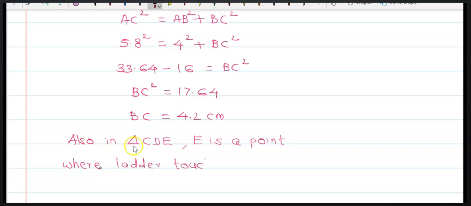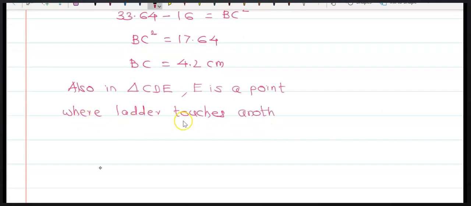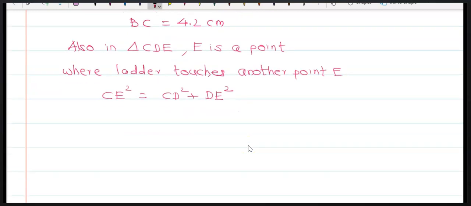Also, in triangle CDE, E is the point where the ladder touches the other building. I will change this afterwards. Therefore, CE square is equal to CD square plus DE square. Therefore, 5.8 square is equal to CD square plus 4.2 square.